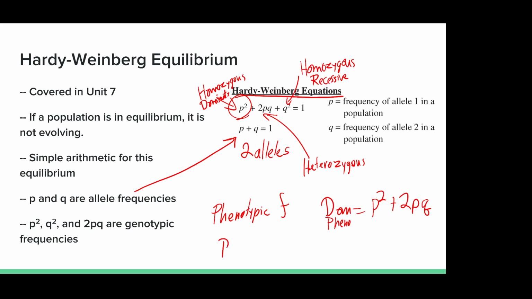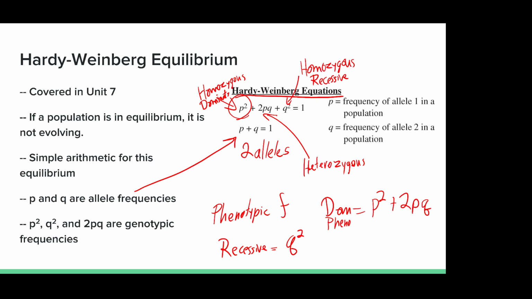And the only thing that can be left for the recessive phenotype is q squared, the homozygous recessives.